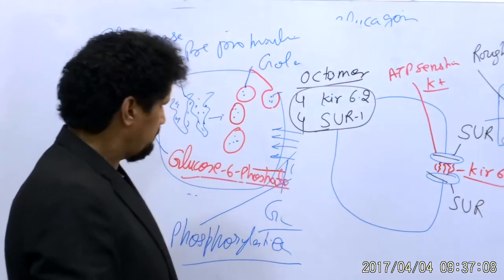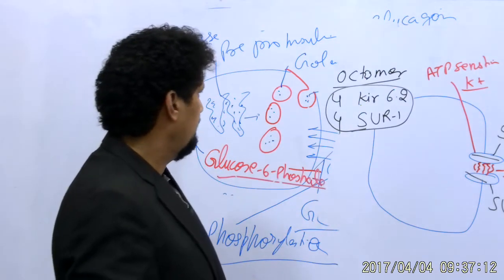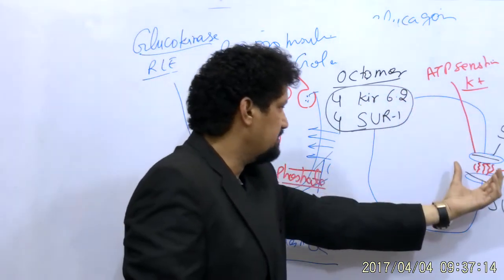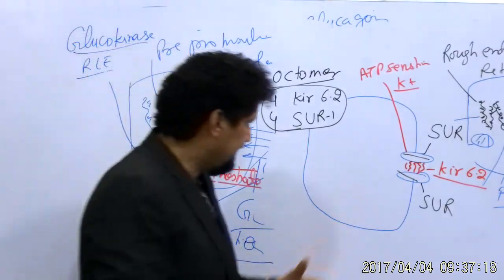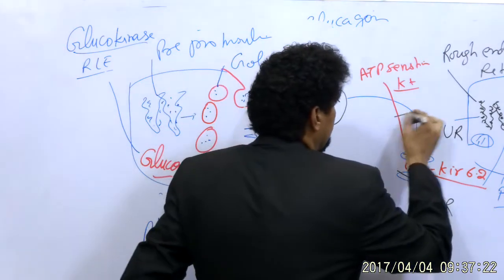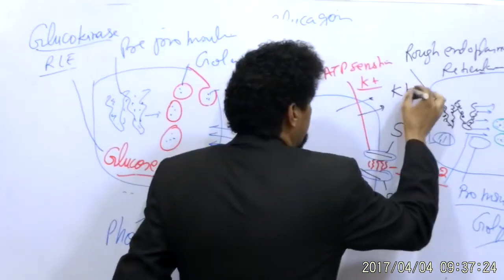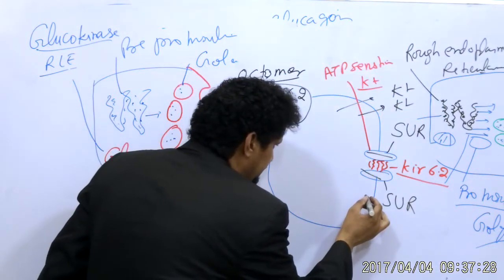Now, this ATP sensitive potassium channel is closed by the production of the ATP, and there is normally continuous efflux of the potassium outside the cell. Potassium is positively charged, so the inner membrane is negatively charged.